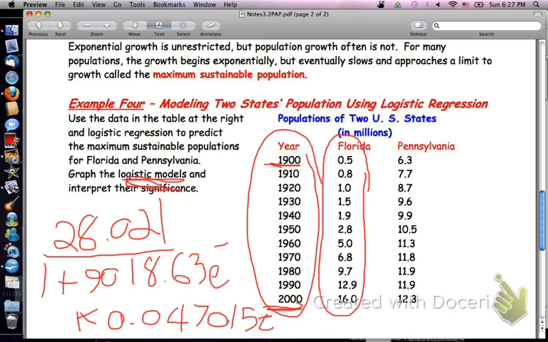So then you can use that to find the population over different years, starting with 1900 as 0.